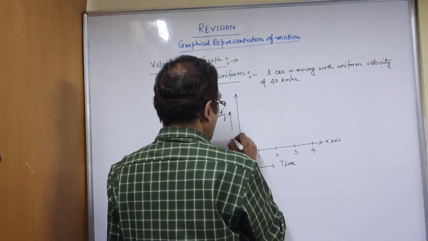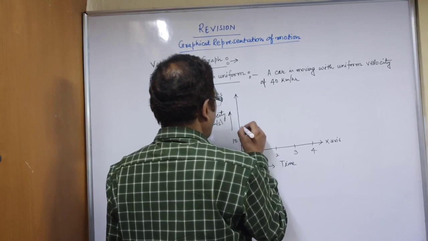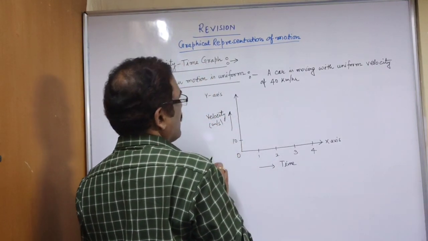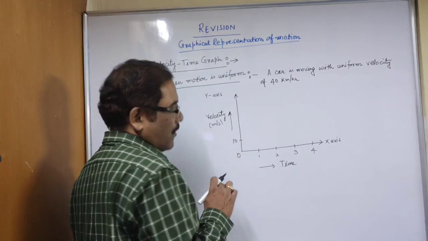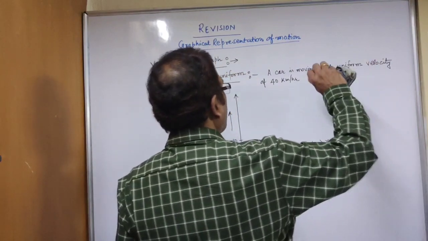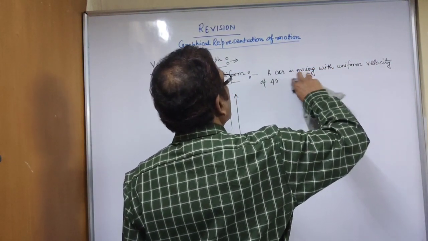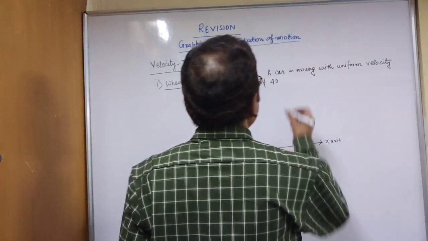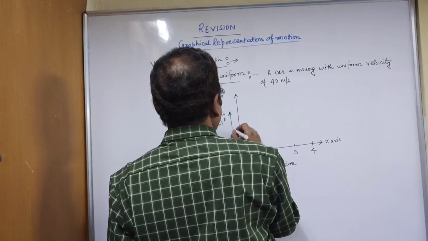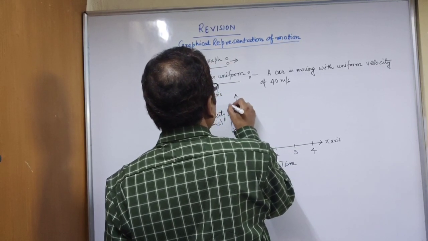Here also you can mark velocity, or take the SI unit. For example, you can take meter per second. So it will be 20, 30, 40, like this.